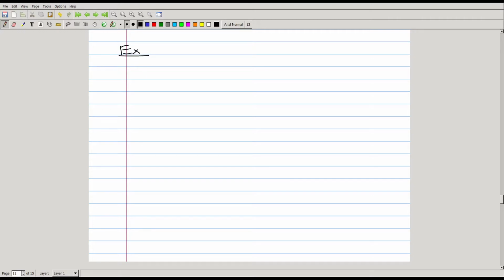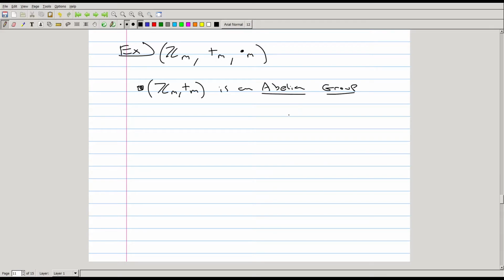Based on what we're studying right now, this is that of Z_m with modular addition and modular multiplication, mod m. Z_m with plus mod m is an abelian group, because addition is associative and commutative.